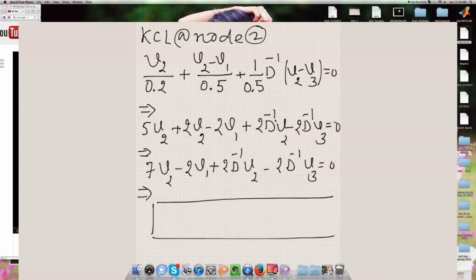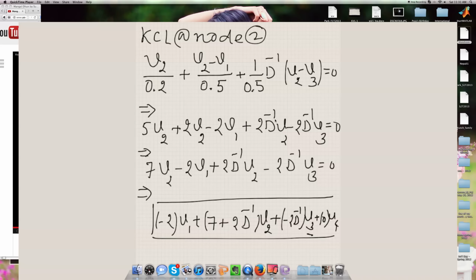We have minus 2 V1, and we have (7 plus 2D minus 1) V sub 2, plus minus (2D minus 1) V sub 3, plus no V sub 4, equals 0.